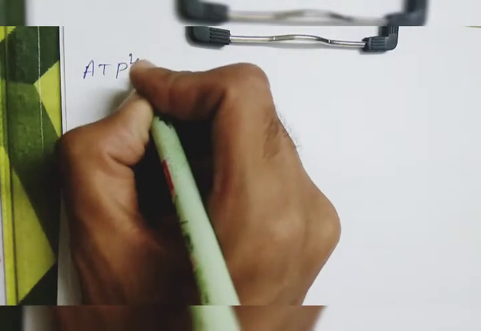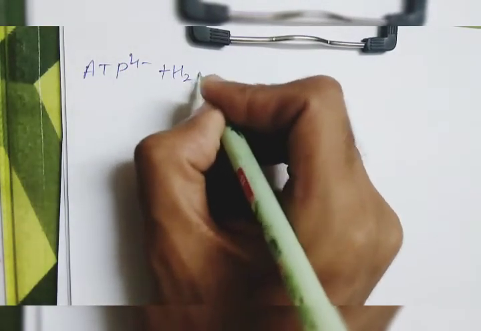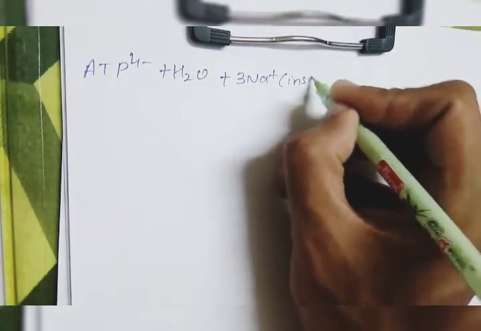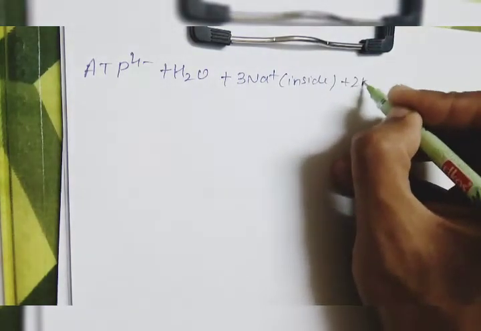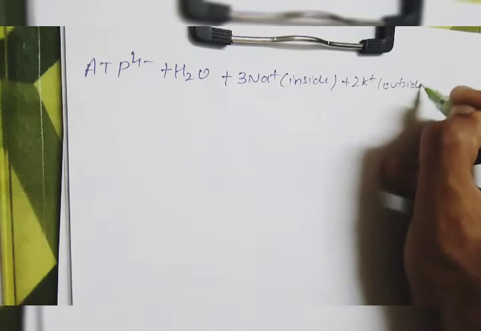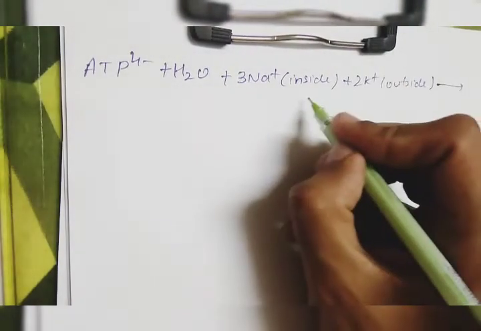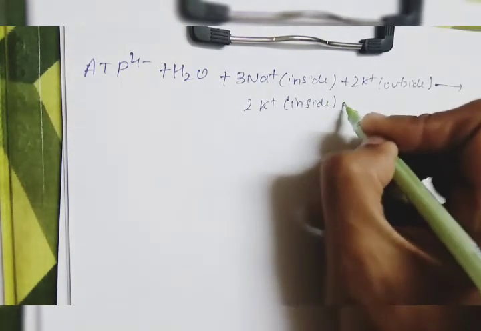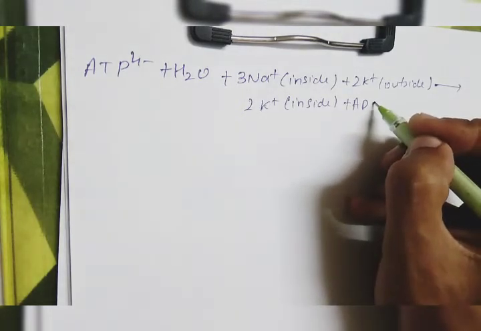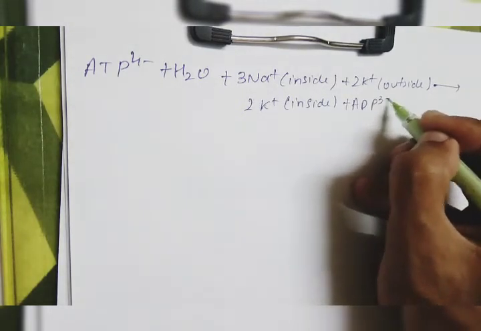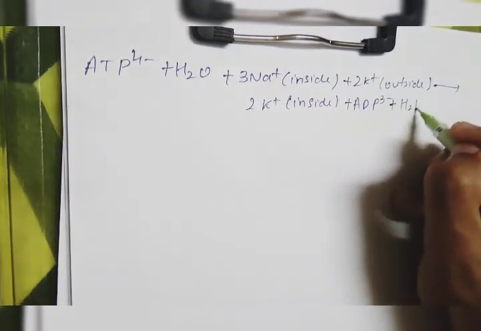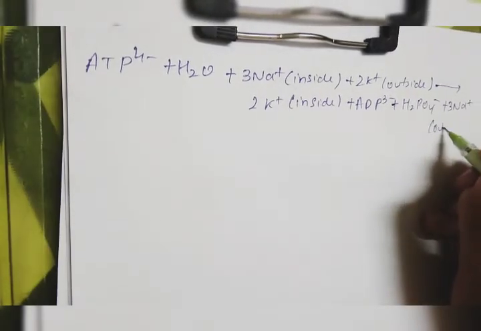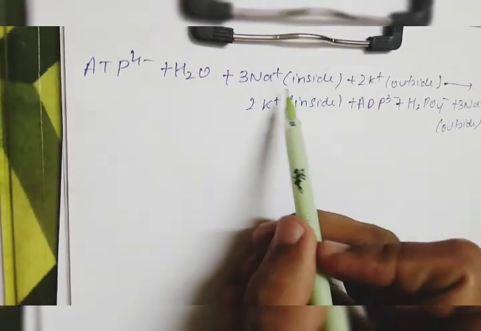ATP carrying 4 negative charge on hydrolysis changes to ADP molecule carrying 3 negative charge, H2PO4 negative, plus 3 sodium ions moving outside and 2 potassium ions going inside.